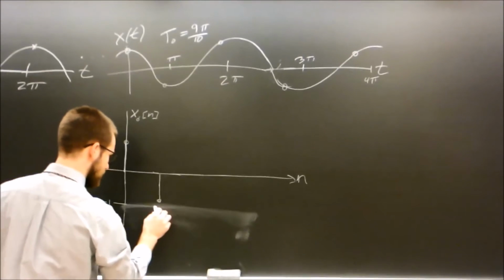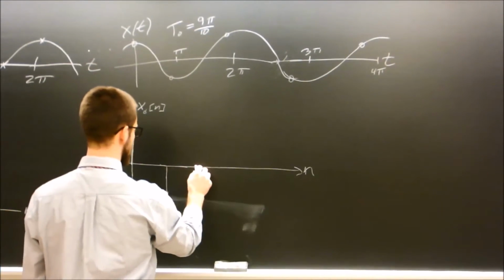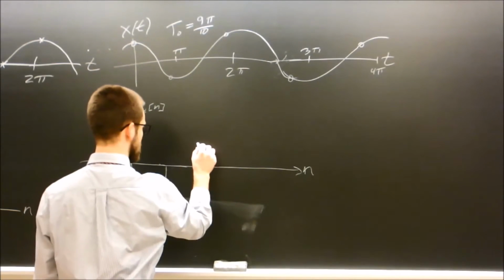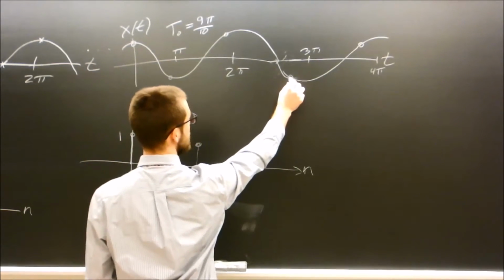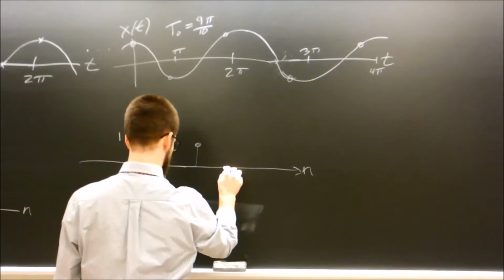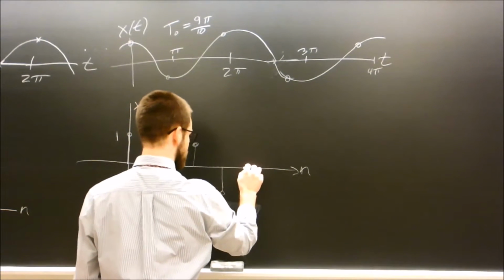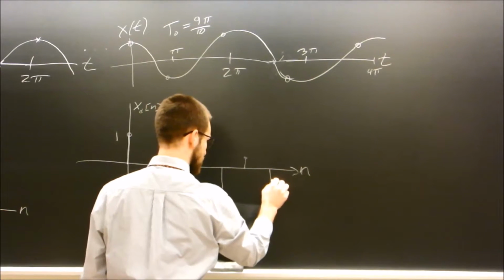So if we imagine minus 1 is there, it's a little bit less than minus 1. Our next sample is here, and you can see it is a little bit less than plus 1. Our next sample here is even closer to 0 than the previous negative, and so on. So we're going to get a pattern that looks something like this.